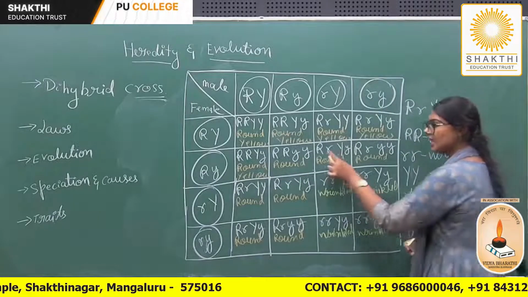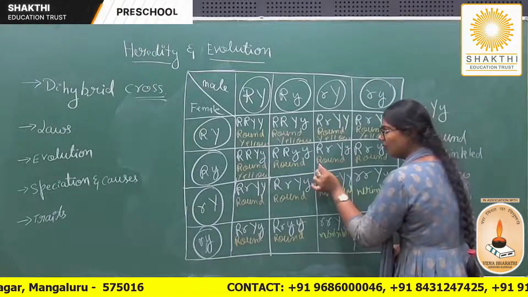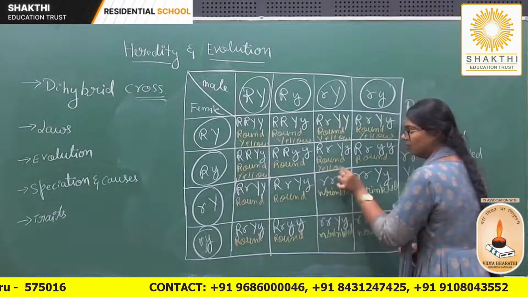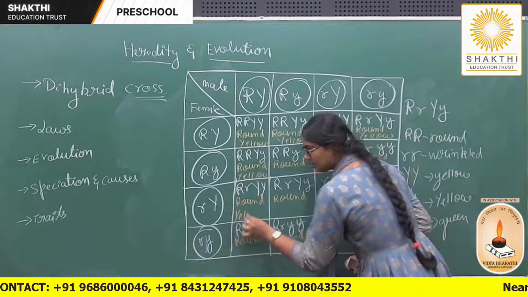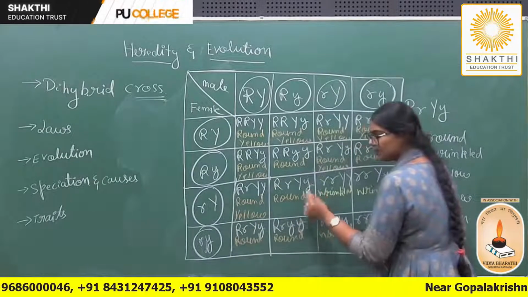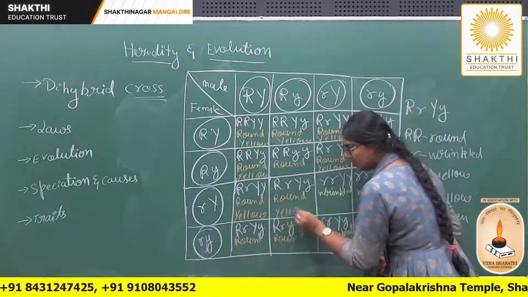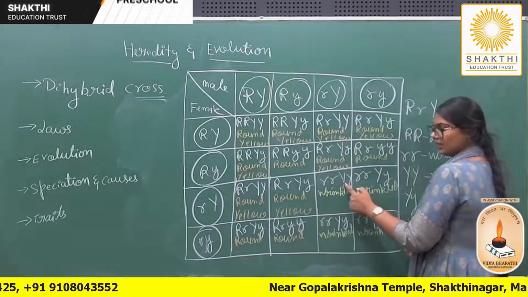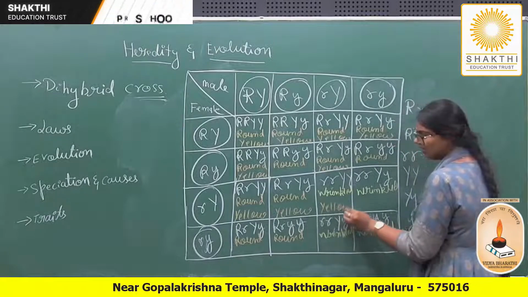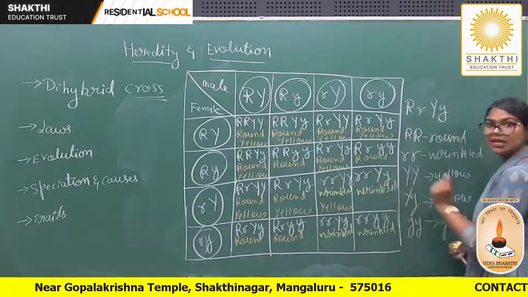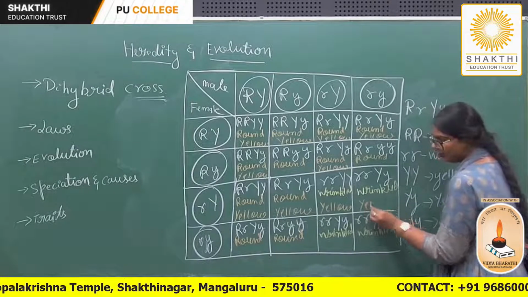We'll leave it like that. This is yellow. This is green. This is yellow. Capital Y. Next, capital Y, small y is yellow. Capital Y is yellow.